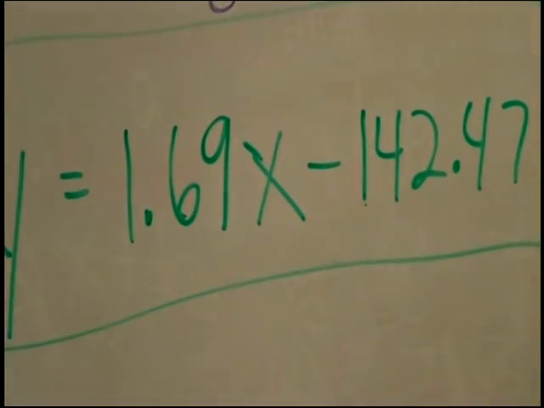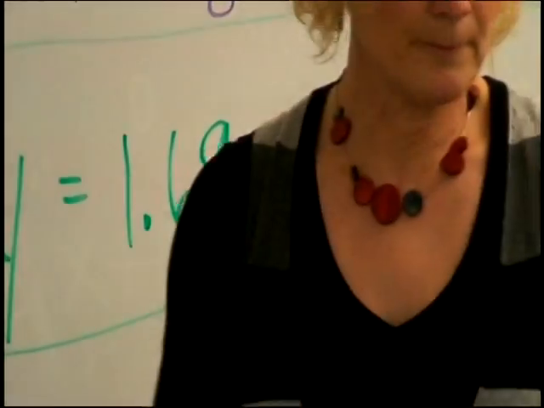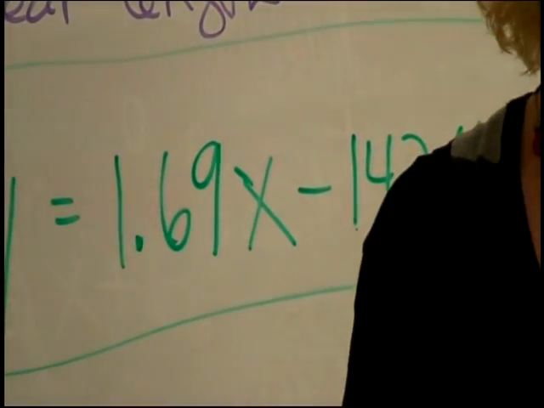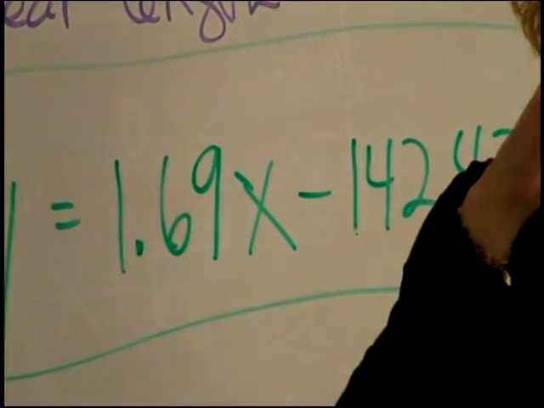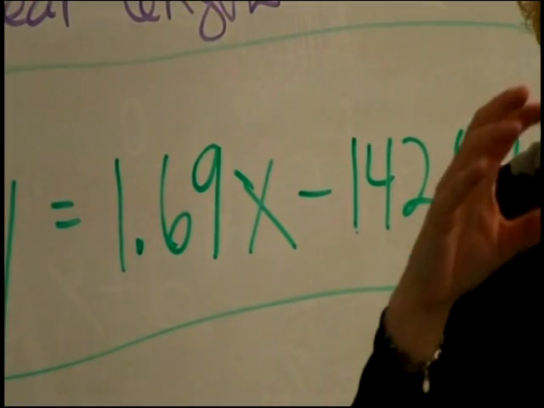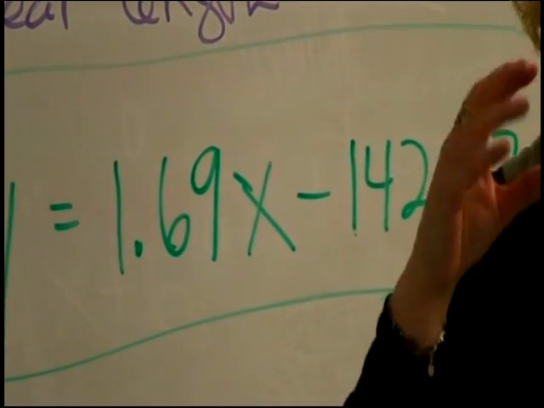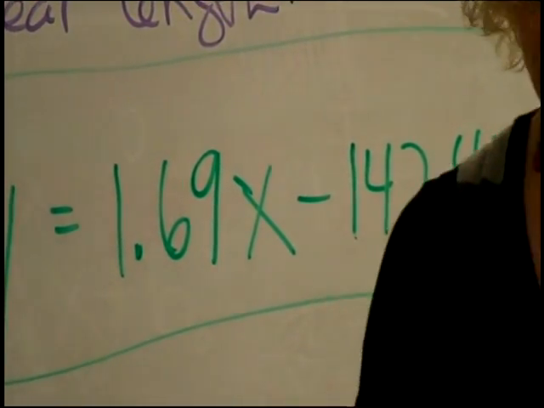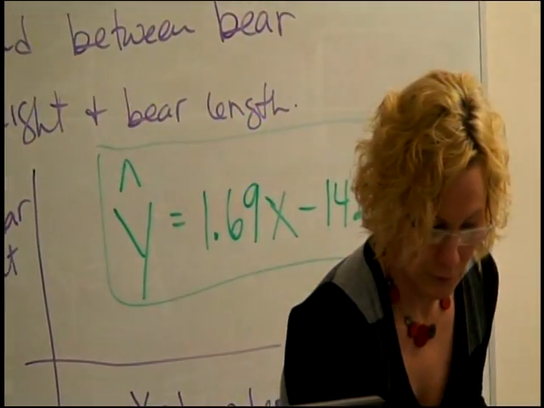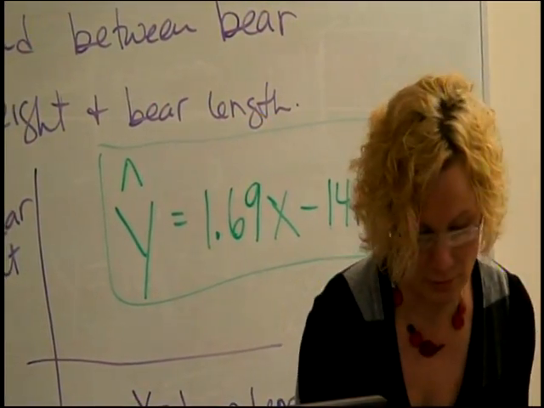Okay, so now let's talk about what these slope and intercept are telling us, and do they make any sense with respect to what we're trying to do here?